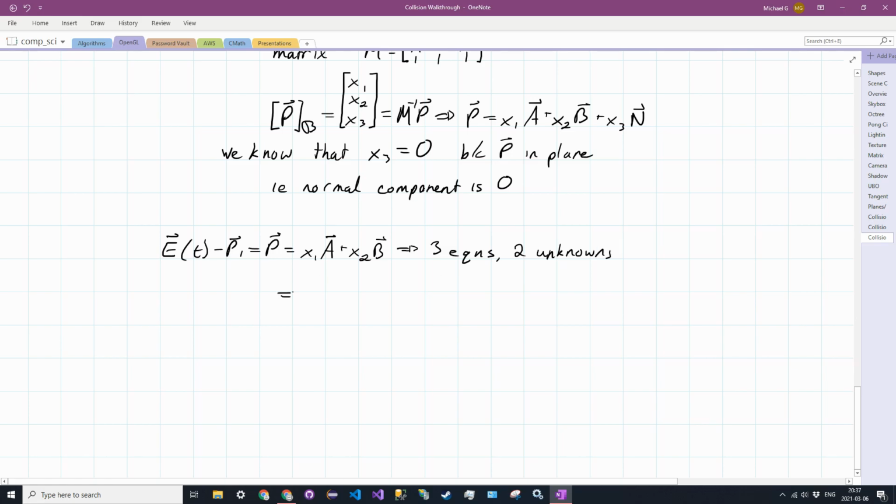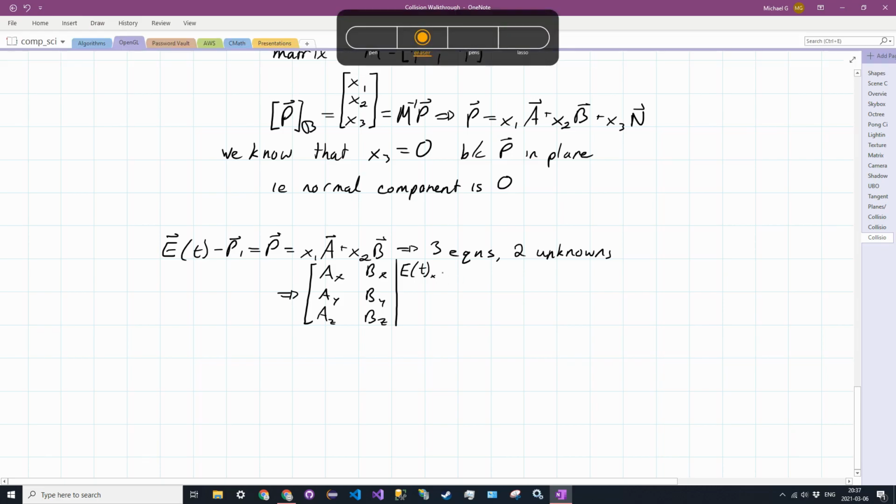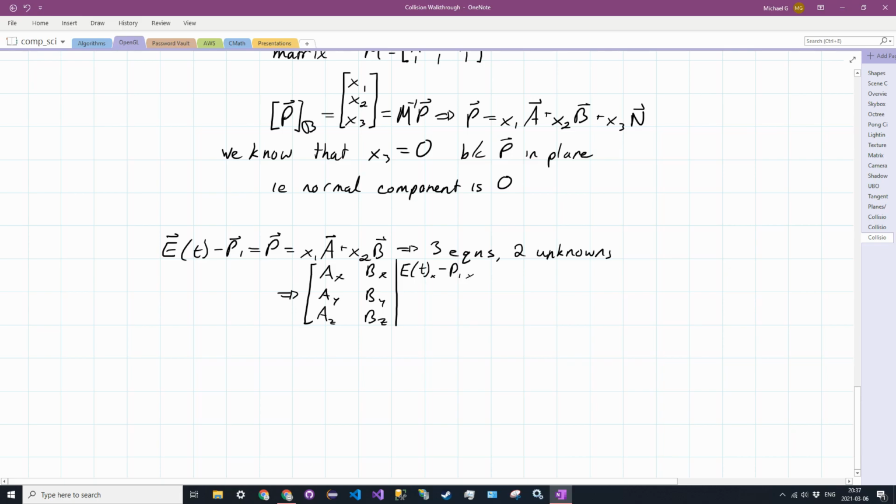So, as with any system, we get a matrix. AX, BX, so the vectors as the columns. And then as the coefficients, we have E at T, the x component of the point, minus P1x, E at T y minus P1y, and then E at T, the z component, minus P1z.